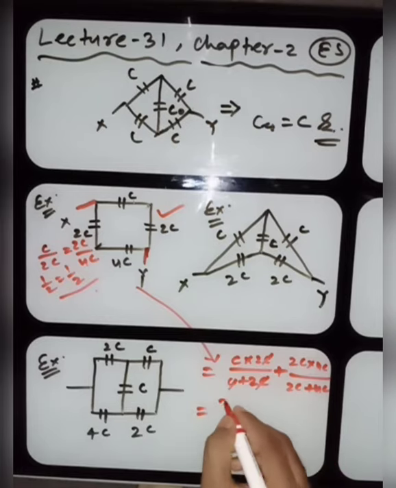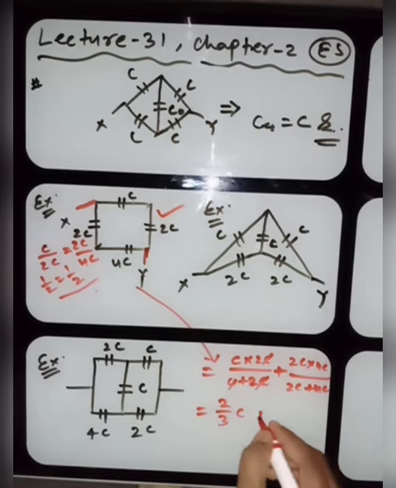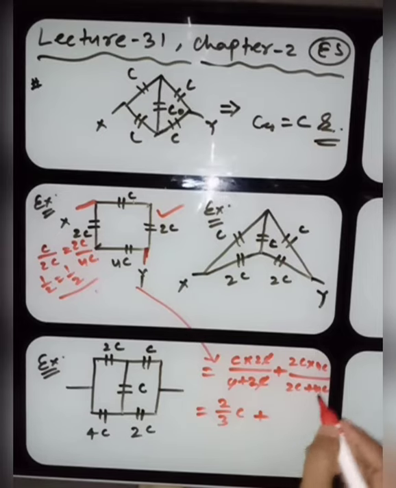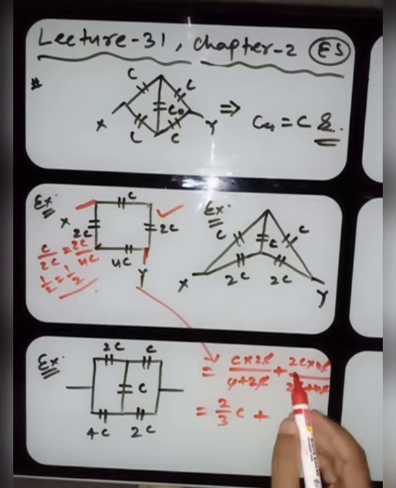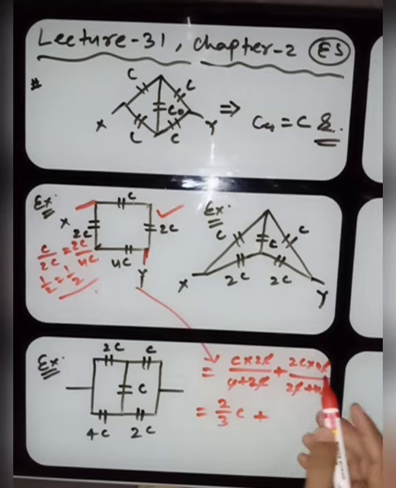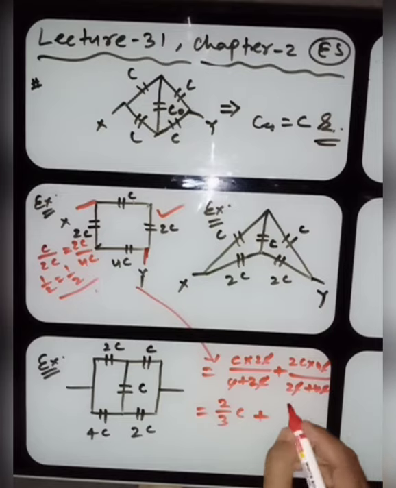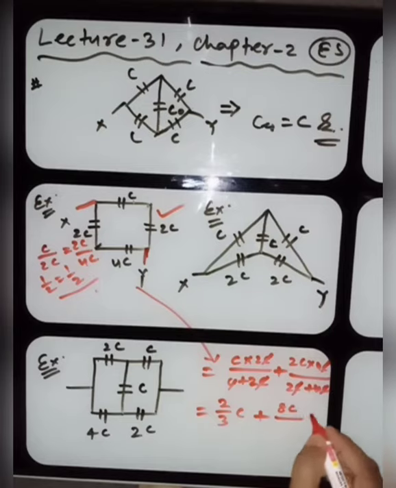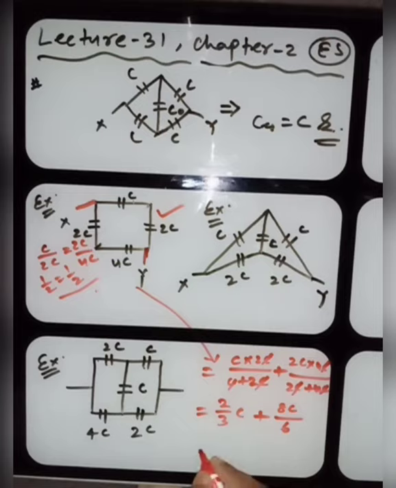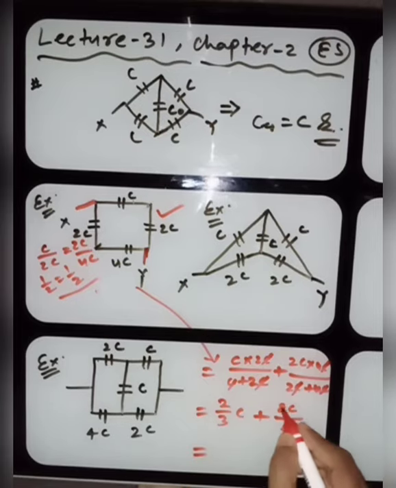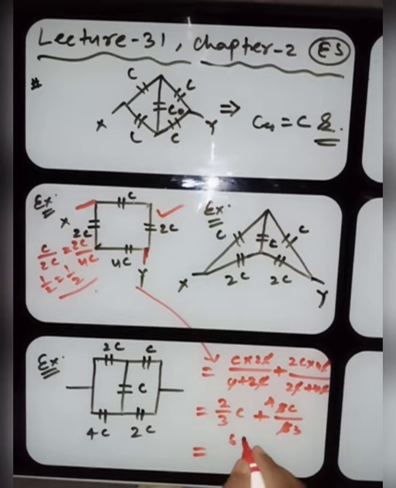So 2 by 3C plus here 8 by 6 and this C will be cancelled out. So 2C by 3 plus 4C by 3, that is 6C by 3, the answer will be 2C.